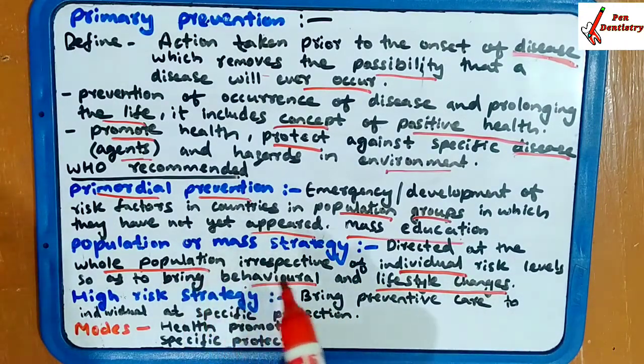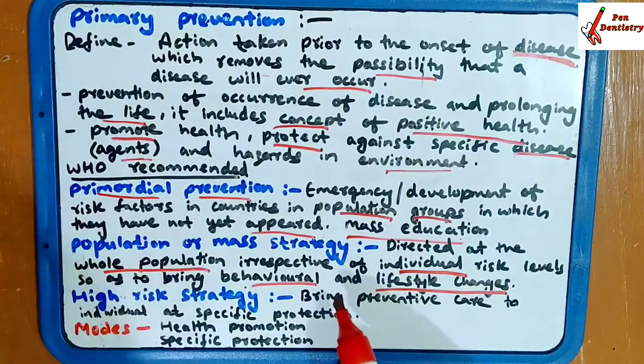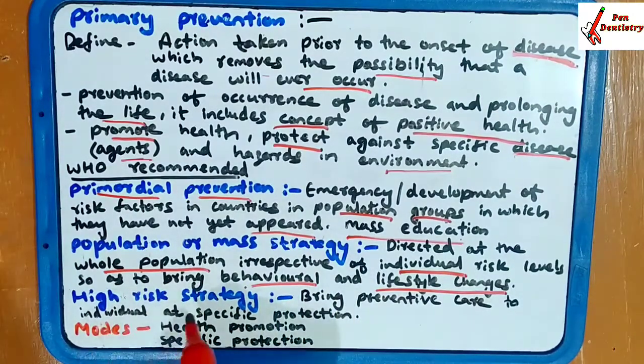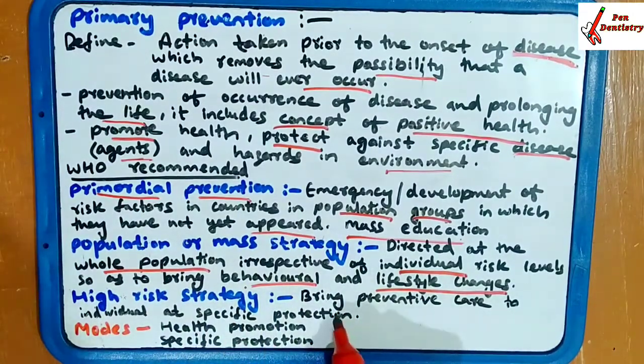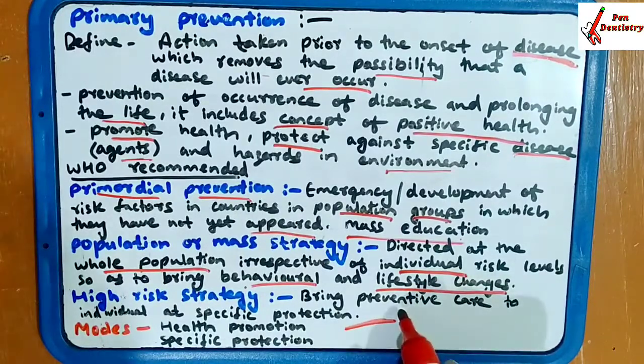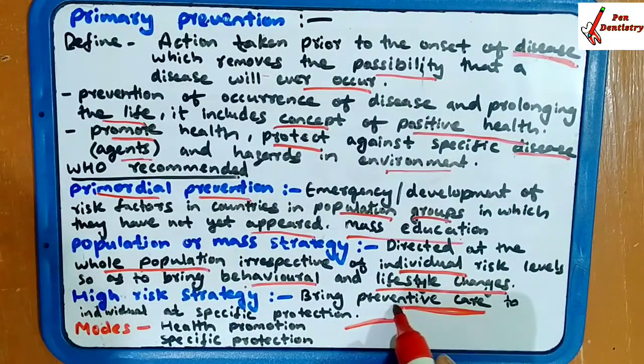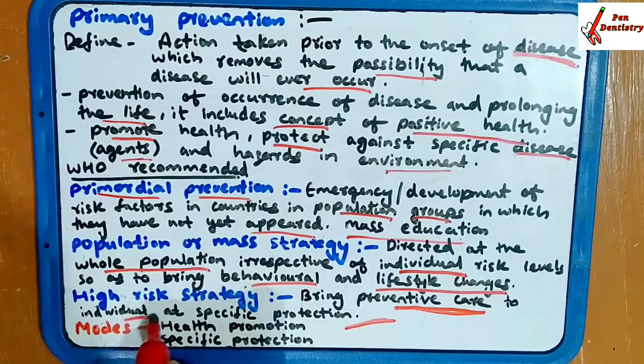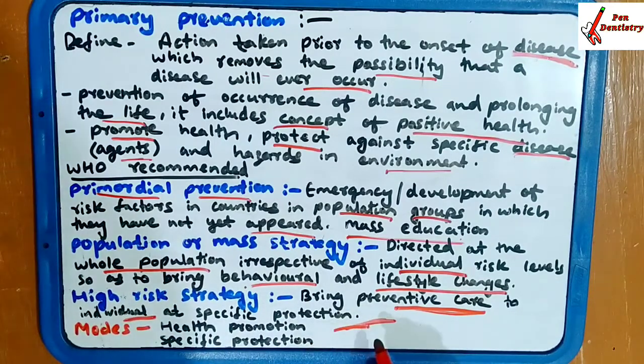The high risk strategy brings preventive care to individuals at a specific protection. That means when the high risk strategy is used, the preventive care is taken for an individual.